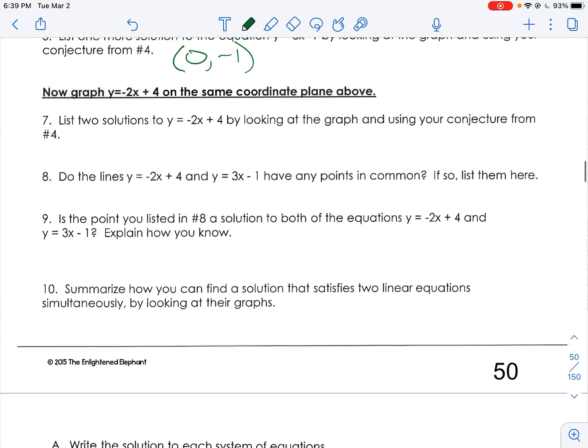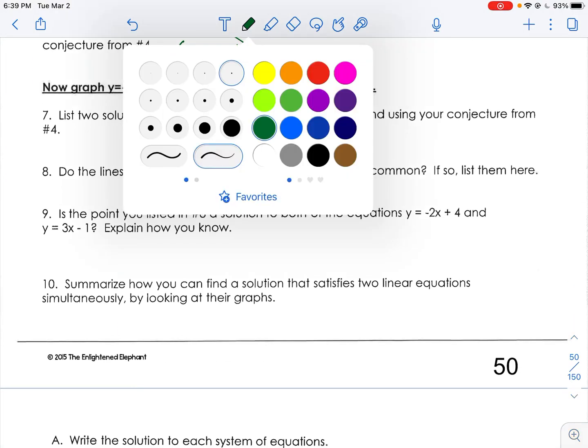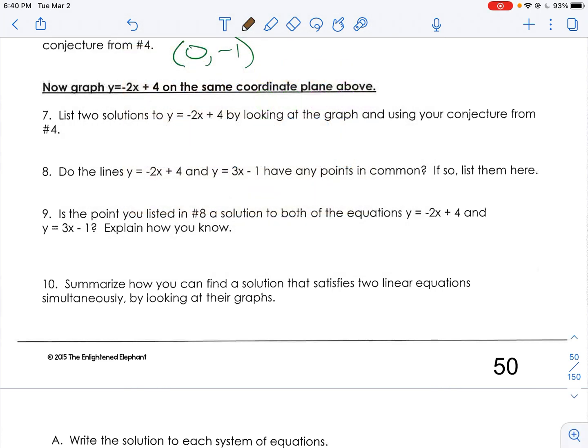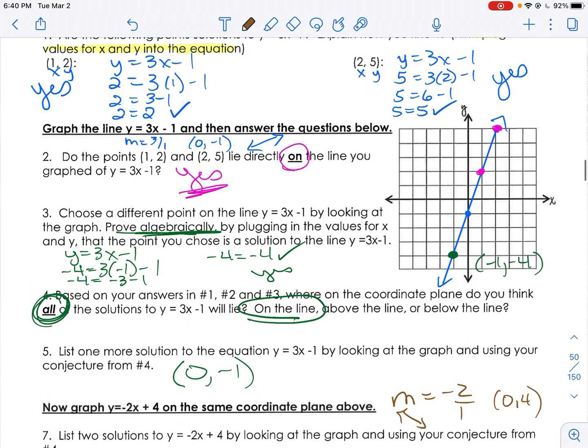Okay. Now, pick a different color. Oh, I'm going to pick brown. It says now graph y equals negative 2x plus 4. So my slope on this is negative 2 over 1, so that's a negative slope. And it's the point 0, 4. So I'm going to come up here to 0, 4.